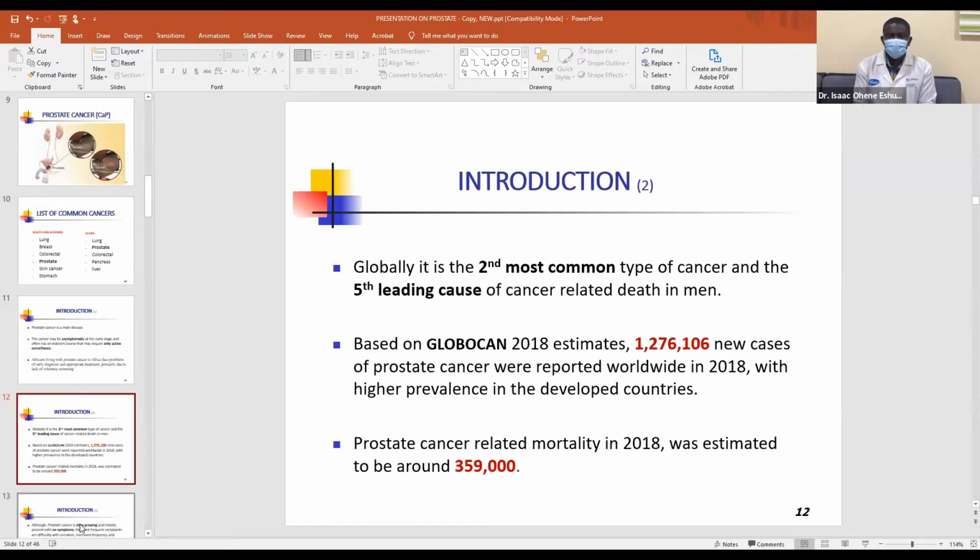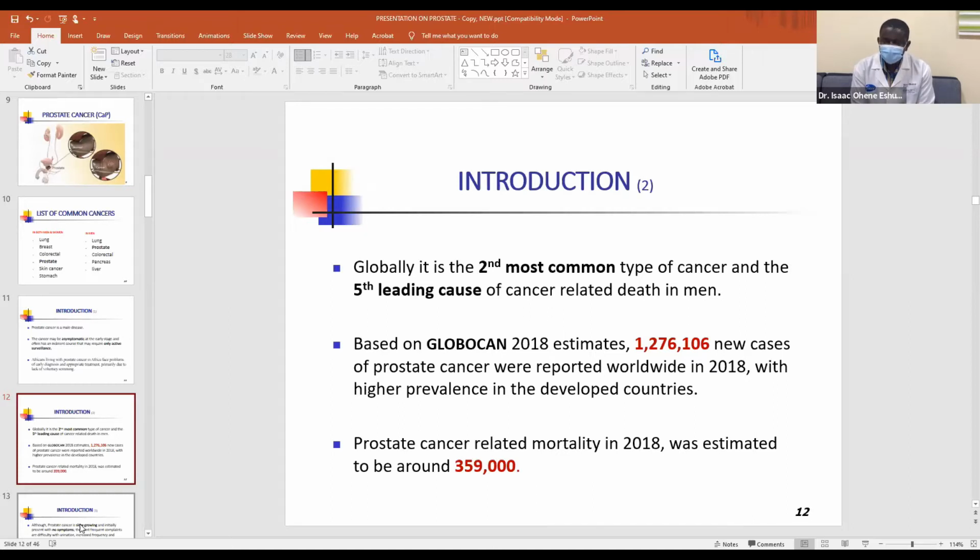I think this point we have already stated, that globally among males, it is the second most common type of cancer and the fifth leading cause of cancer-related deaths in men. So if you take all mortalities in men as a result of cancer, prostate cancer is the fifth. And this is a statistic that was generated by Global Cancer Mortality, Incidence and Prevalence.